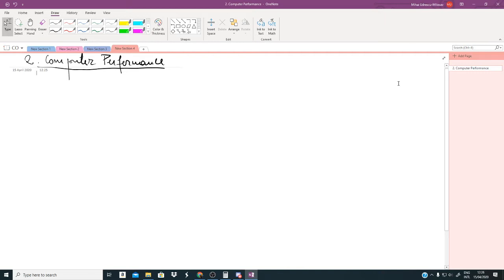So what we are talking about here is computer performance, but we have to admit that there are basically three types of computers, right? So, first of all, we are talking about desktop computers.